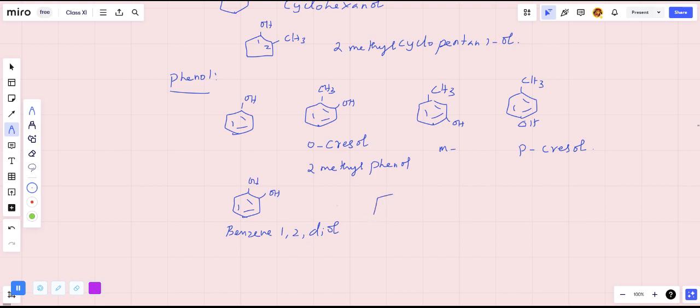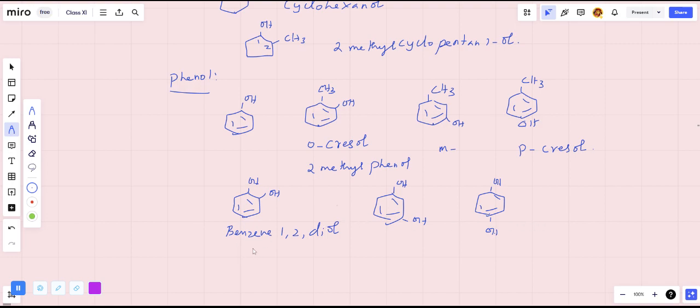If it is in the meta position, this is the ortho position and this one is the meta position, so it is benzene-1,3-diol. And if you take this one, OH and OH, it is 1,4, benzene-1,4-diol.